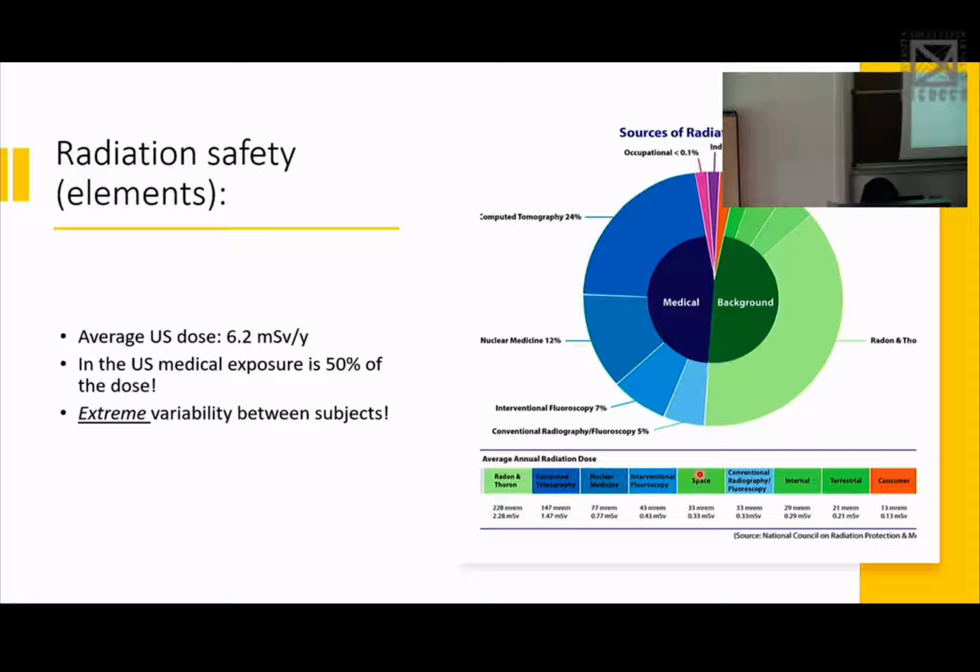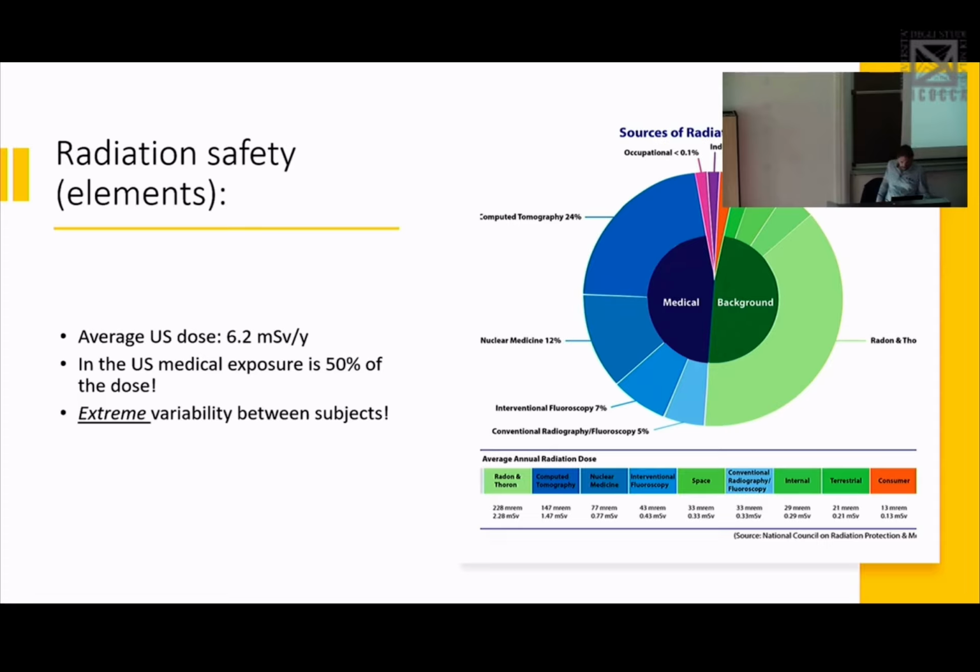Plane travel has quite a lot of radiation dose due to the cosmic rays, because when you go to high altitude, you get many more cosmic rays. And then you have computer tomography, nuclear medicine, and interventional fluoroscopy.